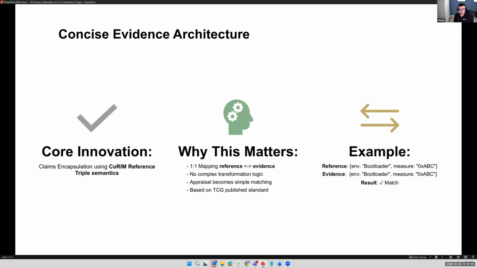which can encapsulate proprietary claim sets. At the same time, we realized TCG developed a CDDL data structure for representing claims, which we found very compelling. Let me try to say it here: the concise evidence from TCG is based on the reference triple for CoRIM.